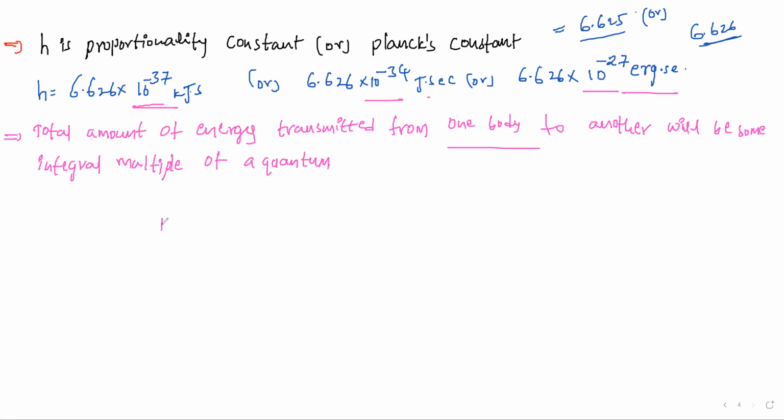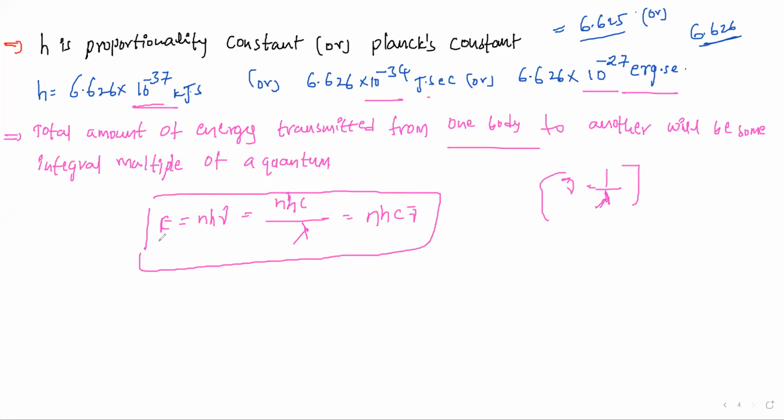That value is nothing but E equals n h nu, that equals n h c by lambda, or that equals n h c nu bar. Why nu bar? Nu bar equals 1 by lambda, the reciprocal of wavelength, which is the wave number.